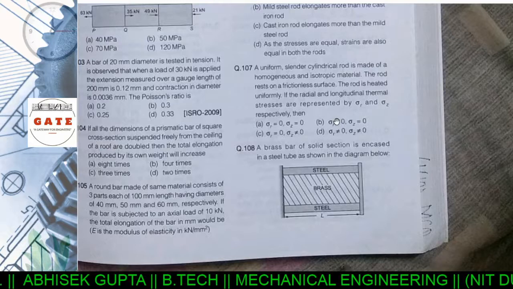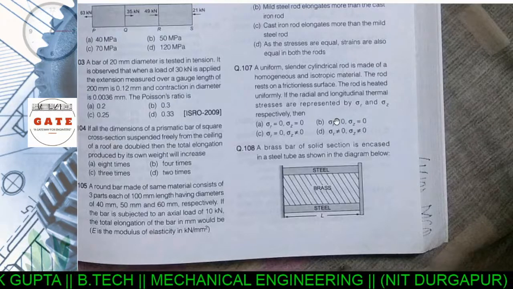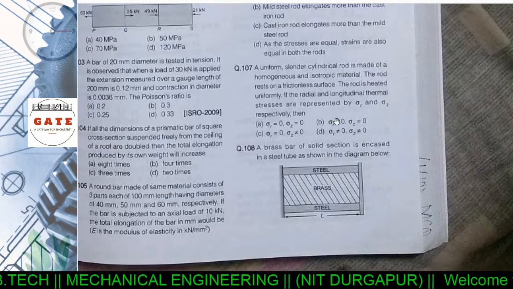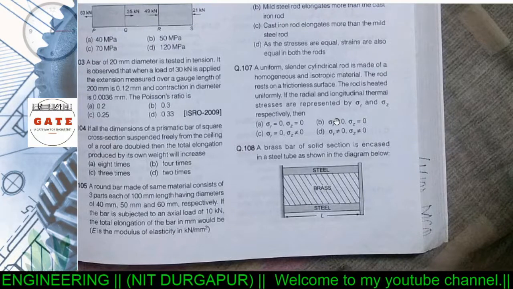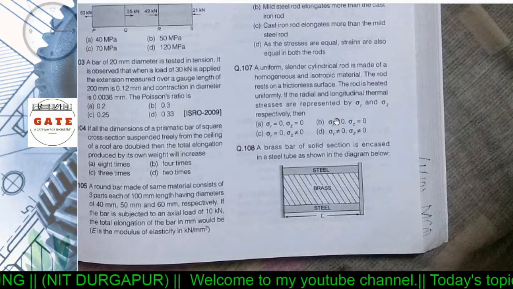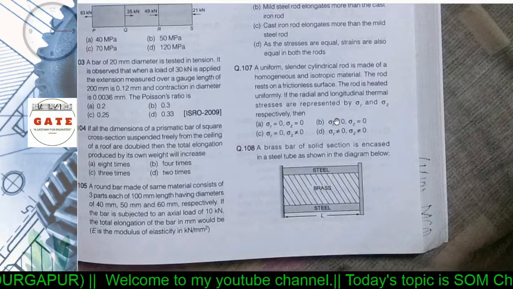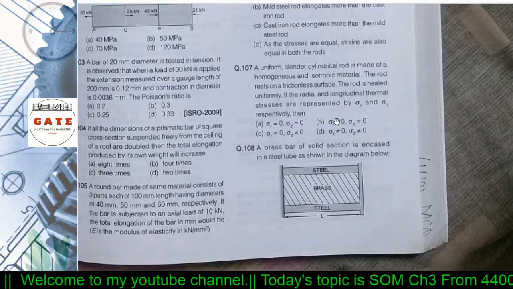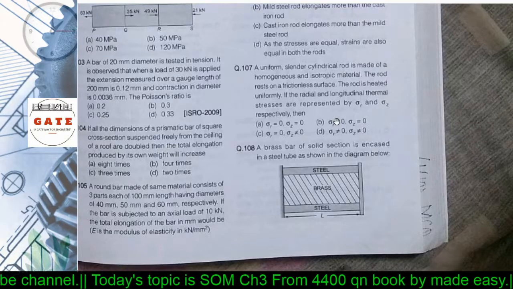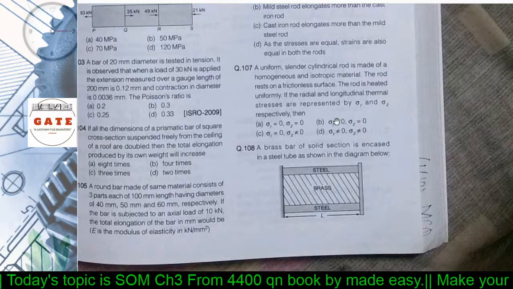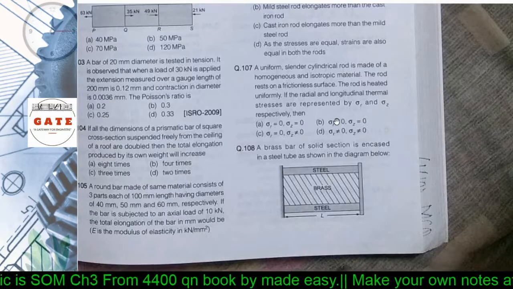If the radial and longitudinal thermal stresses are represented by sigma r and sigma z, what will be the stresses? The rod rests on a frictionless surface. This is the main line. It means it rests freely.